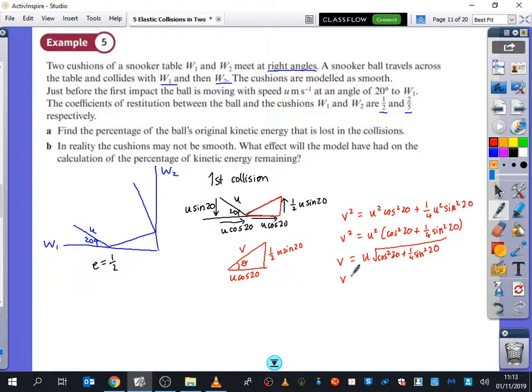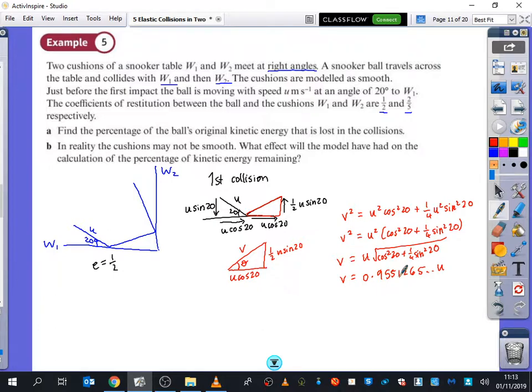So I've got that v is equal to 0.9551265 and so on, times u, from just inputting that bit onto the calculator there. That seems quite reasonable, that it's lost some of its overall speed.